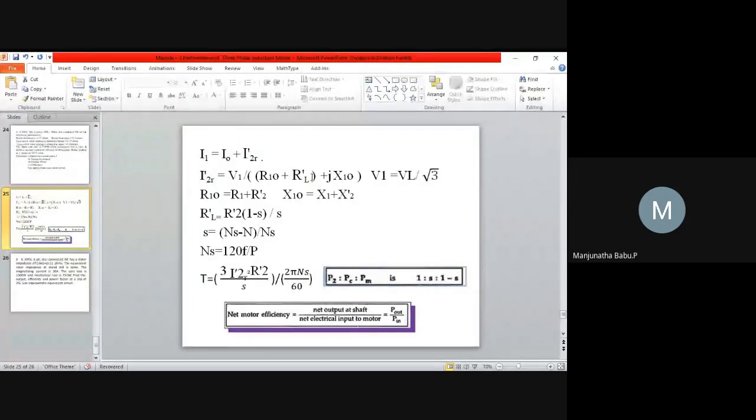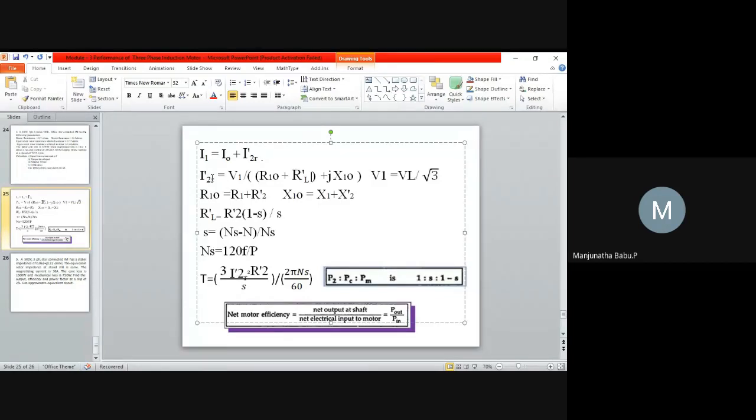So RL dash will be equal to 3 ohms. Substitute, and you will find I2 dash will be equal to 90.5 at an angle of minus 7.566 amps.